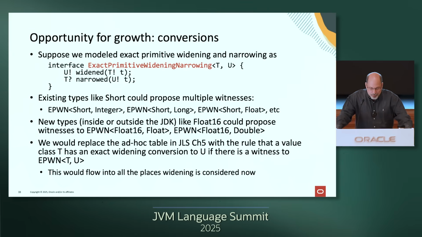So as an example, supposing we want to model the relationship of exact primitive widening conversion. So integer to long is an exact primitive widening conversion. That means I can widen integer to long with no loss of information. I can go back to integer and I get back the same integer I started with.